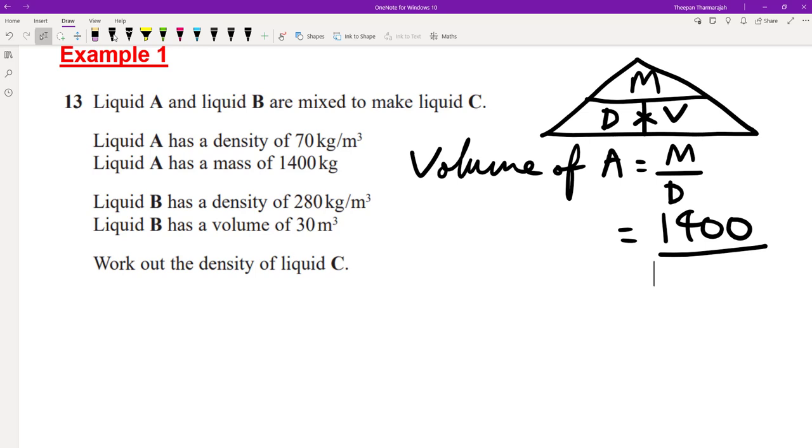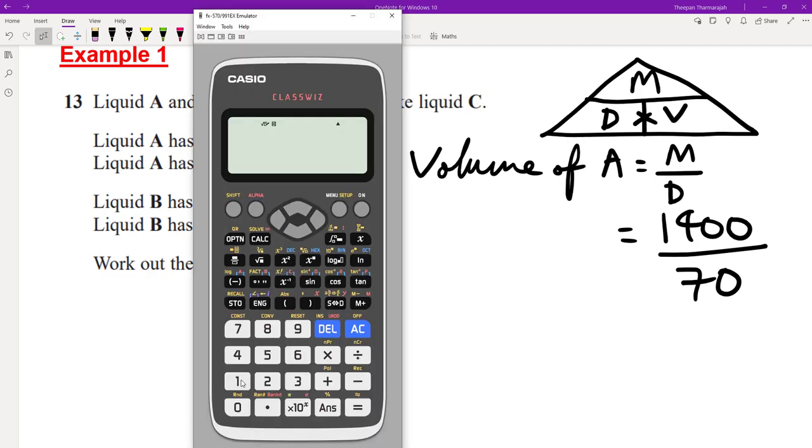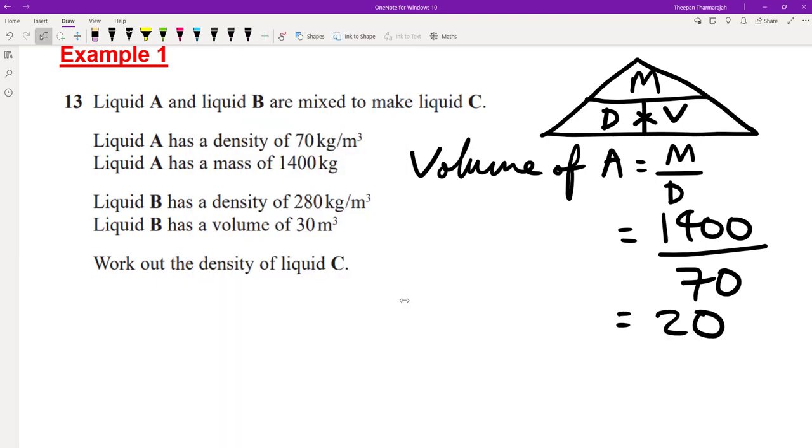And the density is 70 kilograms per meter cubed. 1,400 divided by 70, which gives me 20. That's in meter cubed.